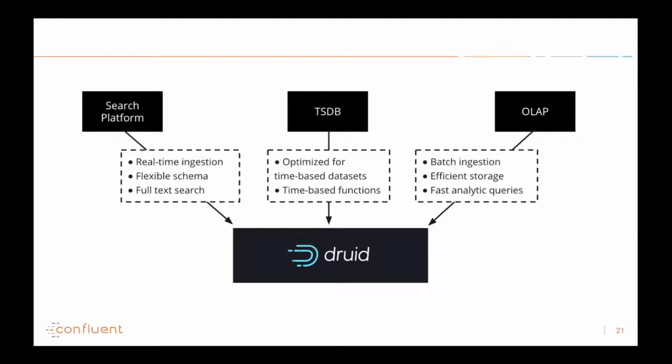So then they looked at OLAP tools, so the traditional data warehouses out there, or the data lake technologies. And these were great for batch ingestion, and they stored things fairly efficiently, but you had no real-time data. They also looked at some time series databases that were out there, and they liked some of the theories around the time series systems, but there was nothing that took the best of both worlds. So they created a new product called Druid.